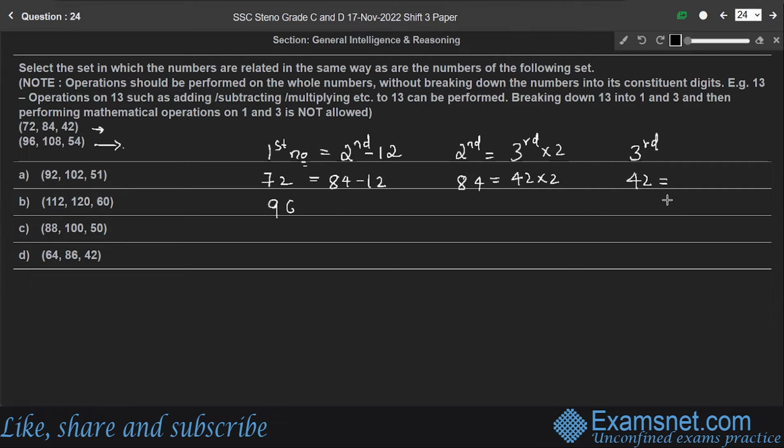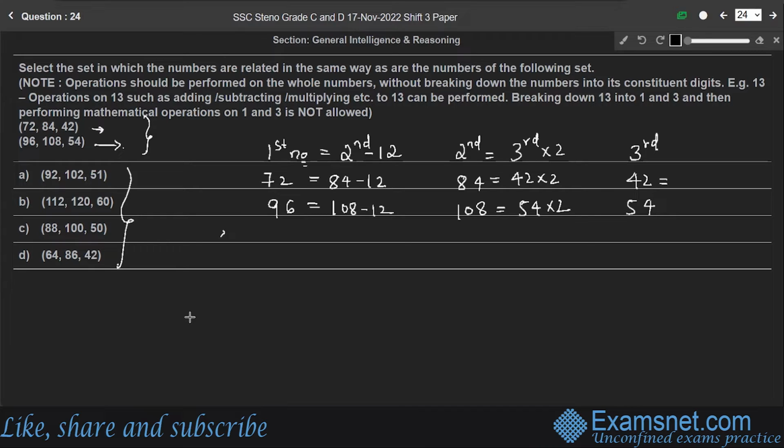The second number is the third number 54 into 2, and the first number is the second number 108 minus 12. So these two sets follow the same logic. Which of the given options follows the same logic?